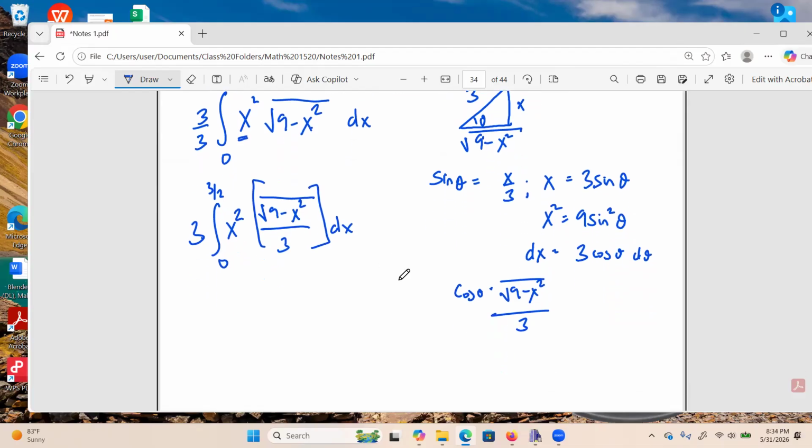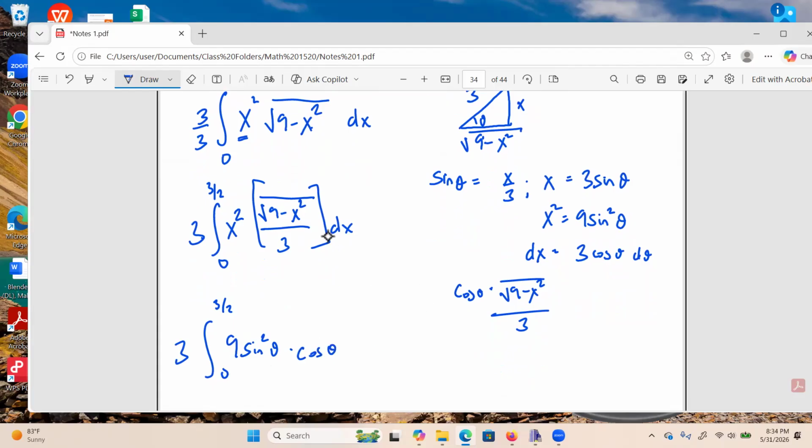So let's go ahead and substitute in. So we have 3 times the integral from 0 to 3 halves. What was my x squared? My x squared is going to be 9 sine squared theta. We have our x squared, my 9 minus x squared over 3. That's going to give me cosine of theta.